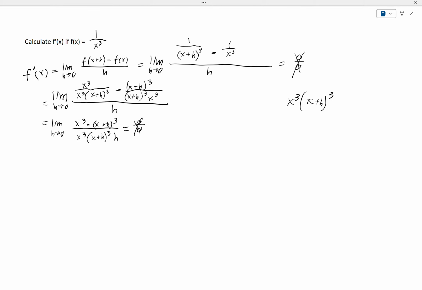So I'll try that as my next step. So we've got x to the third. Here's what I'm going to do. I'll write out x plus h, so that's one of the three factors. With the other two factors, I'm just going to do FOIL on them. And that's what I get.